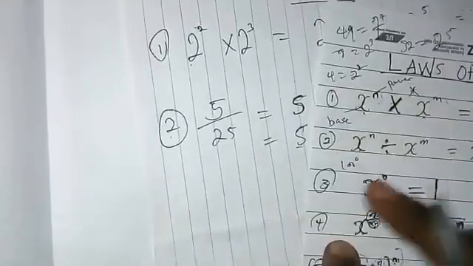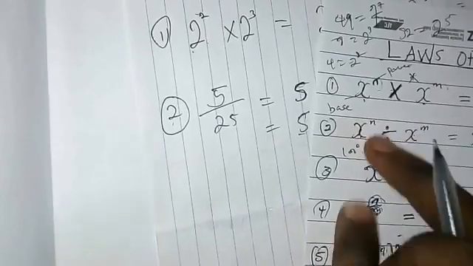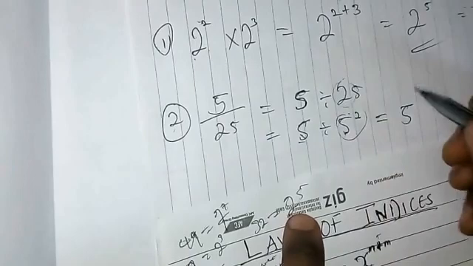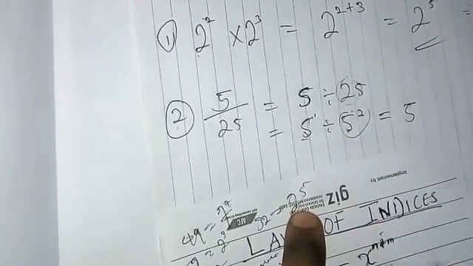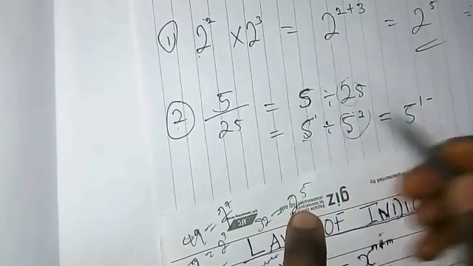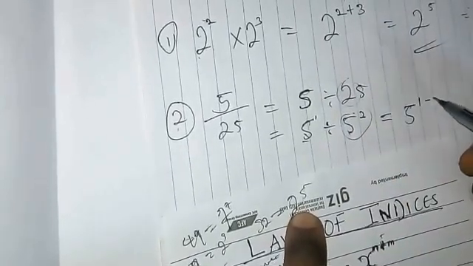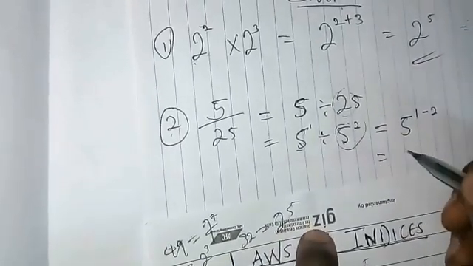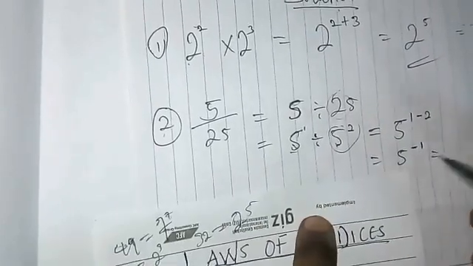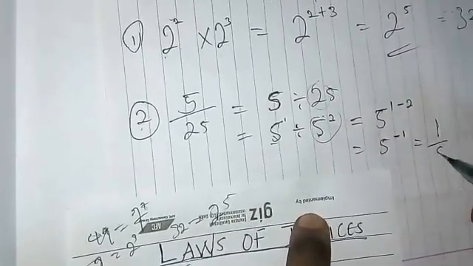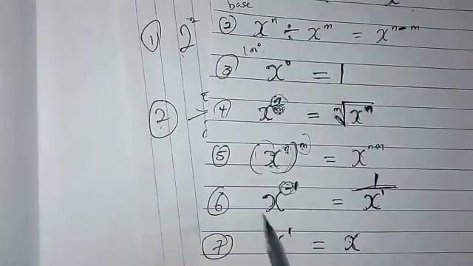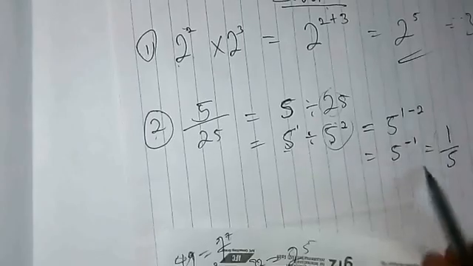By the second law, this x is your 5, and it is already raised to the power of 1. The division changes to a minus, so 1 minus 2, which is 5 raised to the power of minus 1. You can express it as 1 over 5, according to the sixth law, if you didn't forget.